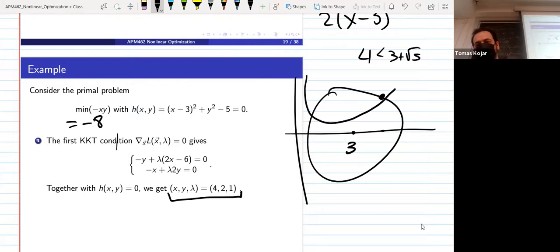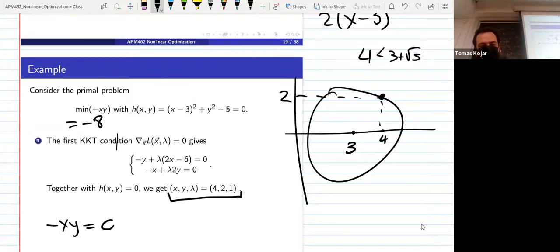That doesn't make sense. This is 4, and this is 2. And then our guy was minus xy equaling c, right? I'm trying to draw their intersection.